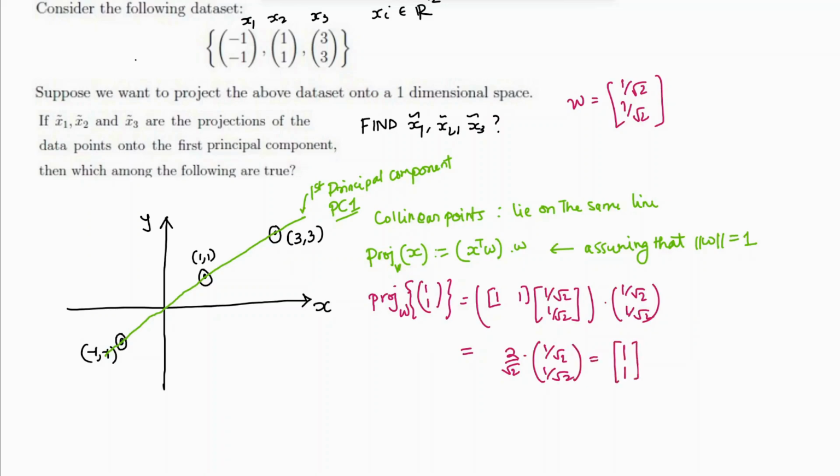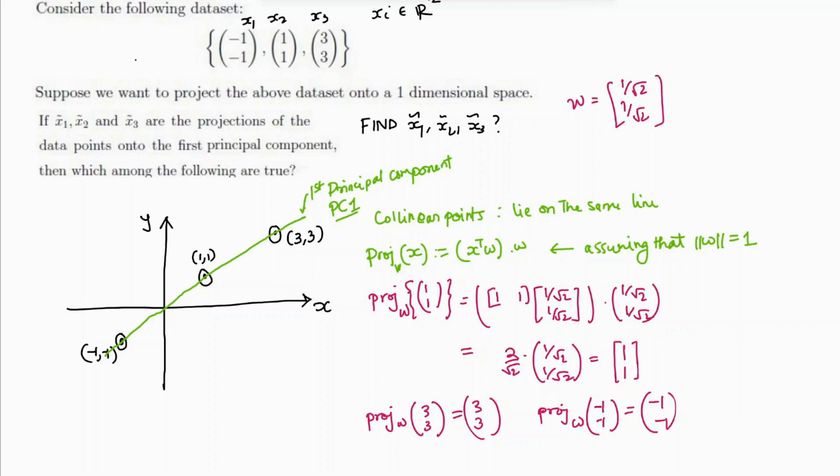Observe that we got back the same vector. Similarly, the projection of the point 3, 3 onto W will be 3, 3, and the projection of -1, -1 onto W will also be -1, -1. So essentially all the points are projected onto themselves.